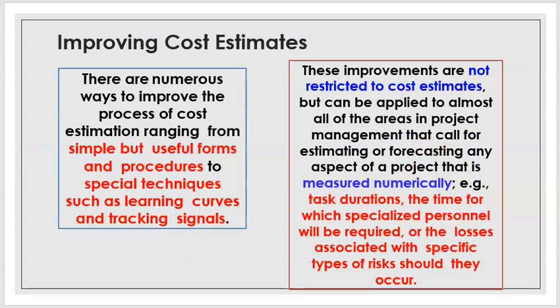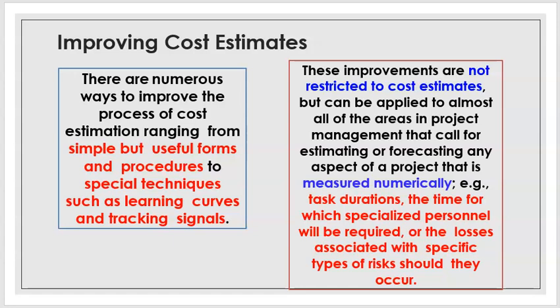Okay, so improving cost estimates. There are many ways to improve cost estimation, but we'll look into two forms. Two techniques, which are learning curve and tracking signals. But these improvements are not restricted to cost estimates only.